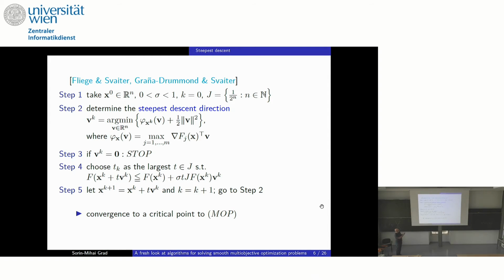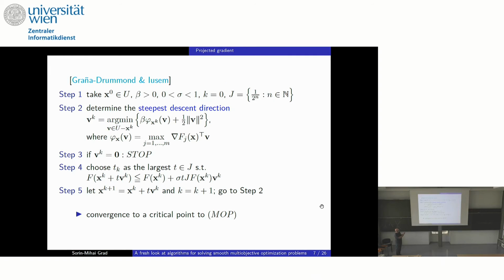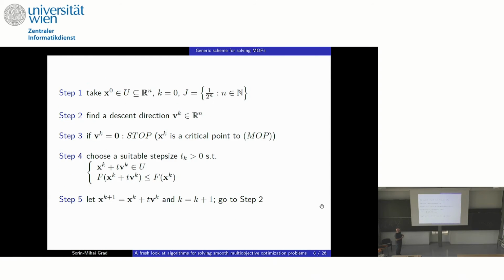As I said, this is unconstrained, then with the constraint. And the general scheme is basically like this: find a descent direction. If it doesn't exist, stop. You found a satisfactory point, a critical or efficient, or weakly efficient point, depending on your framework.